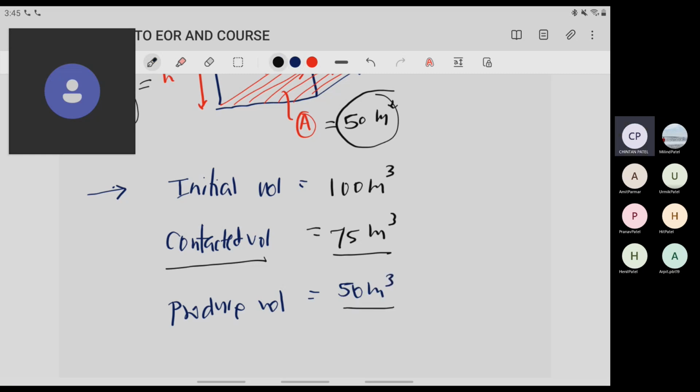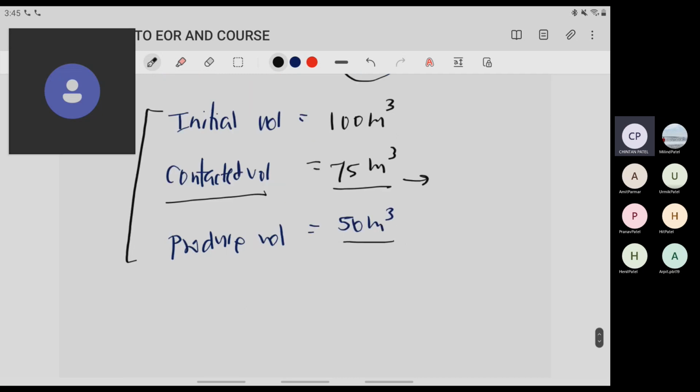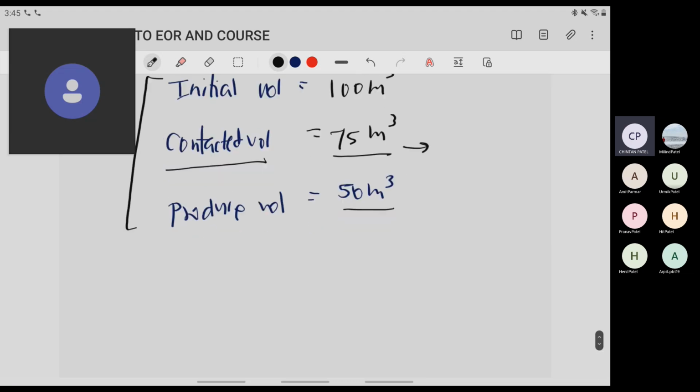So in this case, can you tell me the value of microscopic efficiency? Generally, microscopic efficiency is represented by ED, and macroscopic efficiency is represented by EV. These are the notations we have in our standard books.